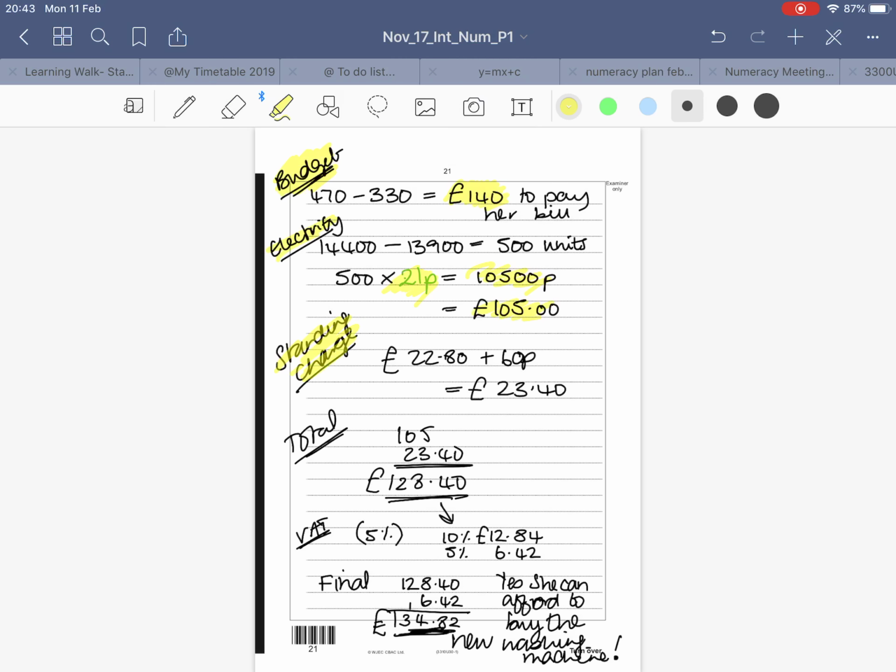The standing charge has to be worked out, but they charged you extra 20 pence every month and there was 3 of them. The total of the bill is still not the end, because then there's that VAT that needs to be added. My final price for my electricity is £134.82, and I had £140 to pay the bill, so I'm okay.